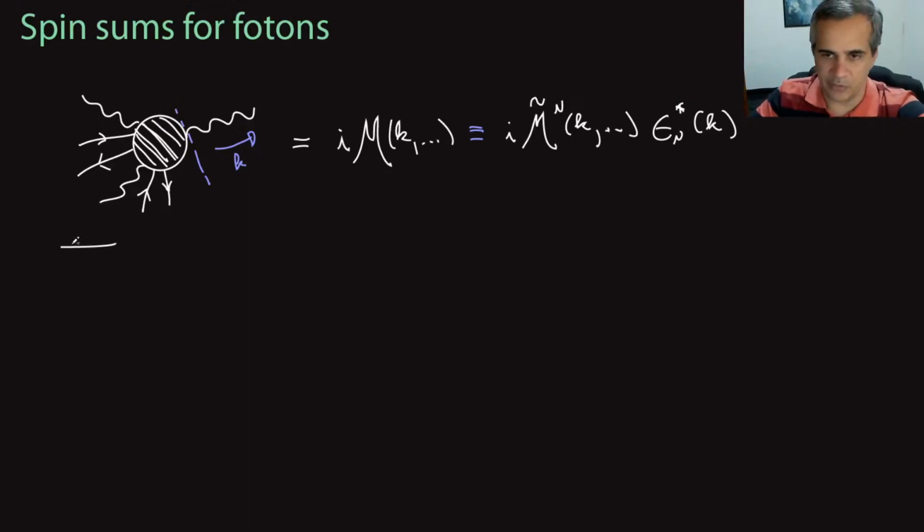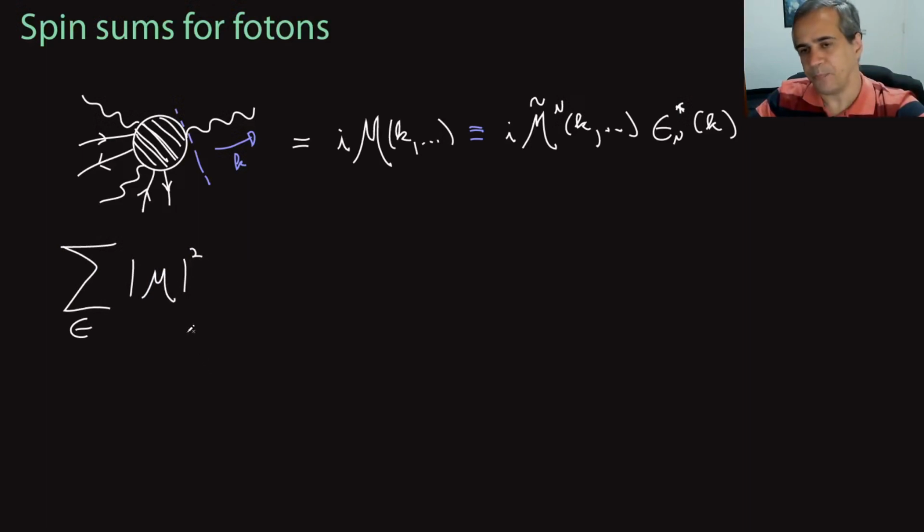So I would have to sum over polarization over this matrix element square, and that's what goes inside the cross-section formula. This thing I can express now using this separation I did here in this way.